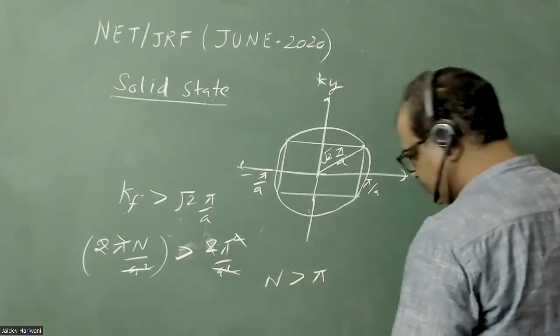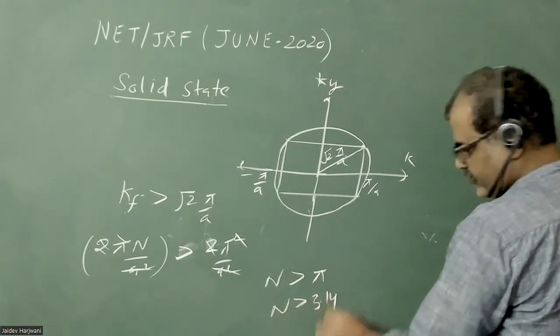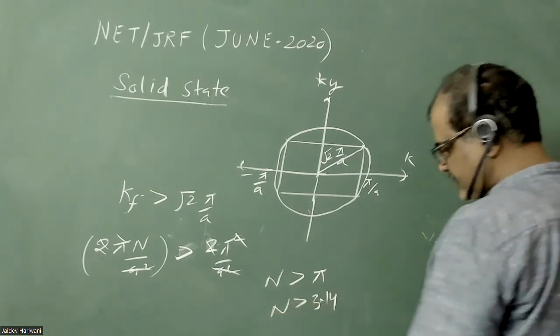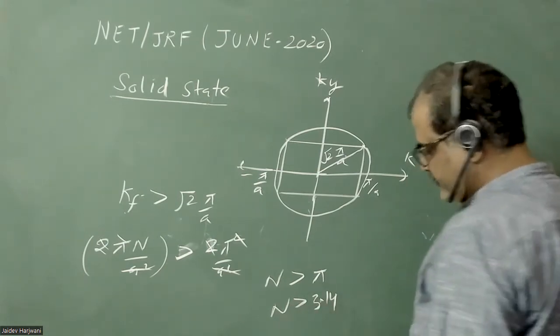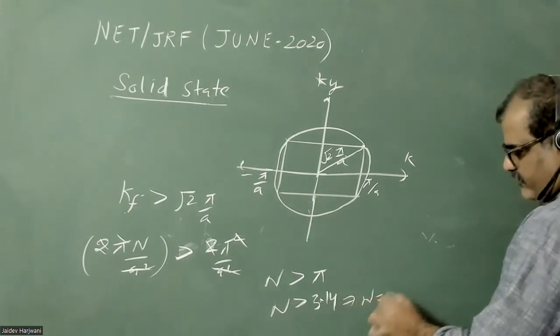That means n should be greater than 3.14. So n should be 4.